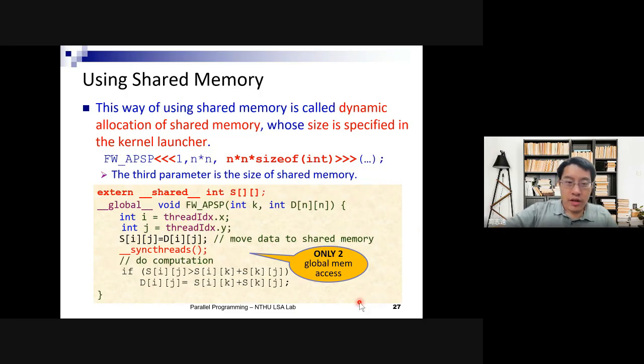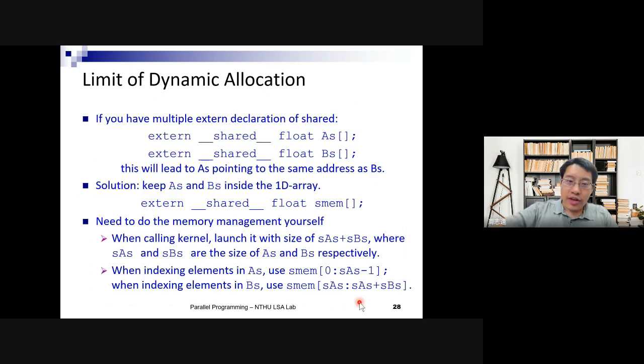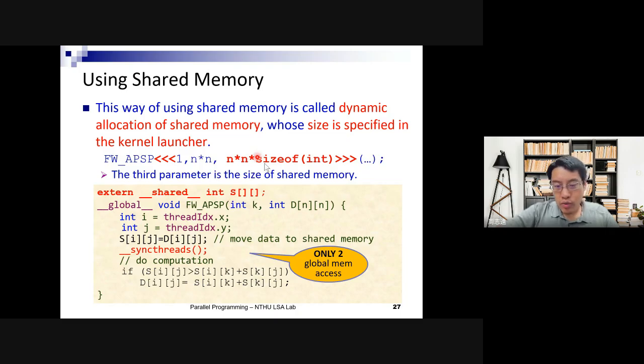Another thing you need to notice is that in this example, we only allocate one variable on the shared memory. So you might think, what happens if I want to allocate multiple variables on shared memory, right?